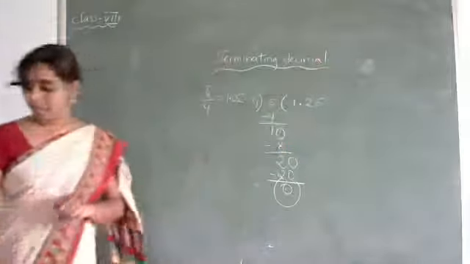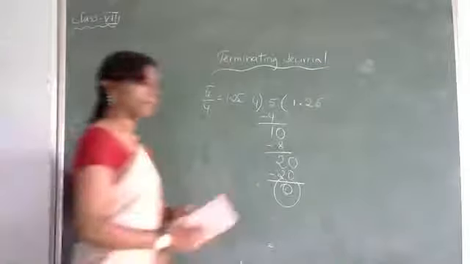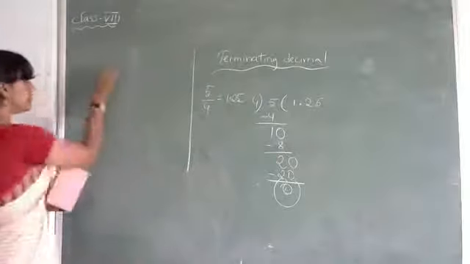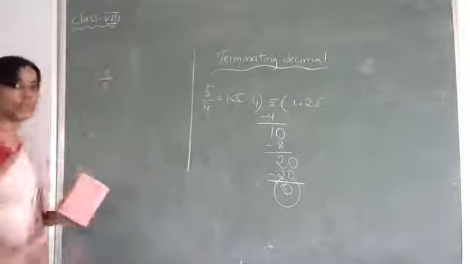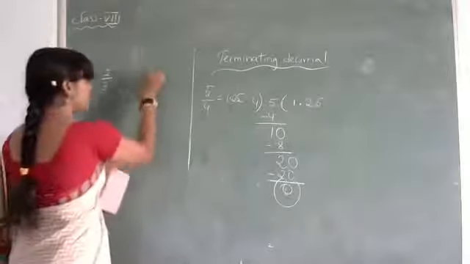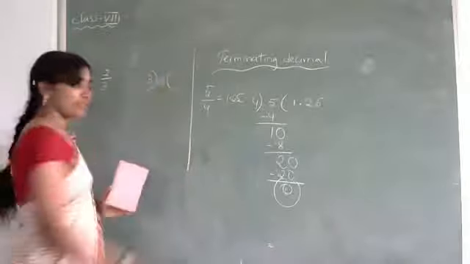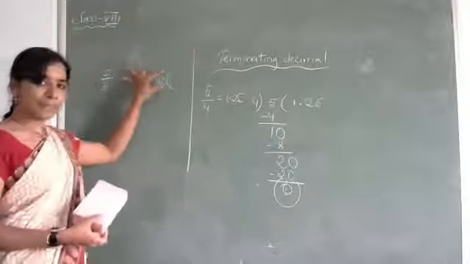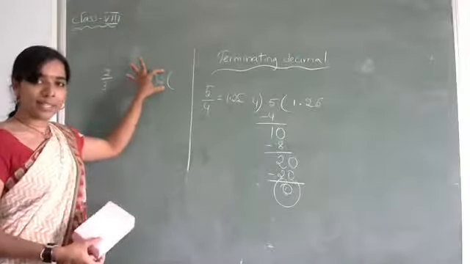Okay. I am writing one more example here. See, if I take another number, 2 by 3, children. 2 by 3 is a rational number. Yes. That means we have to divide 2 by 3. But here the divisor is a bigger number and the dividend is a small number.